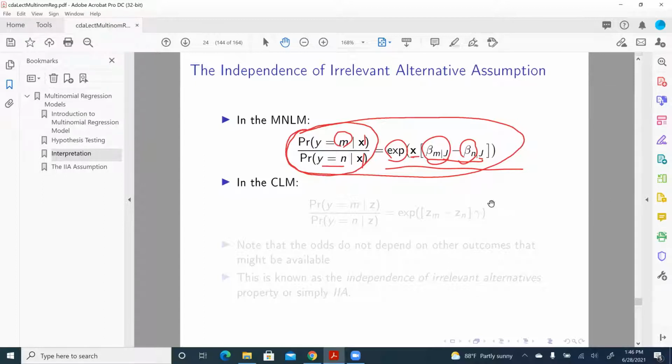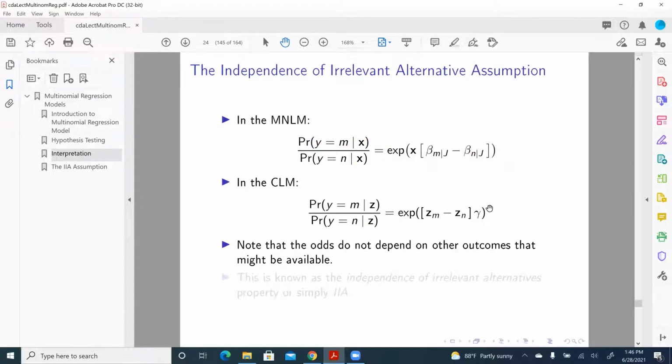So what does this mean? Here we have to be aware that the odds in this case do not depend on other outcomes that might be available. In this case, it does not involve any other regression coefficient vector.